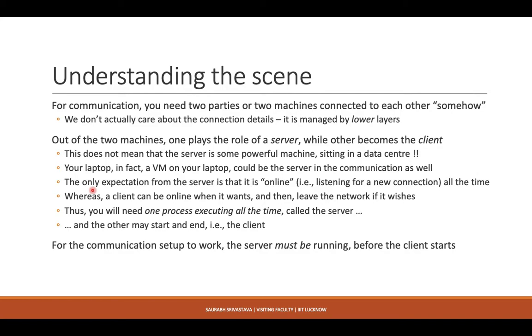For communication, as I said, you need two parties. Two machines should be there, and they must be connected to each other, so there has to be a physical connection somehow. That is the point: there has to be some communication medium. It could be across multiple hops.